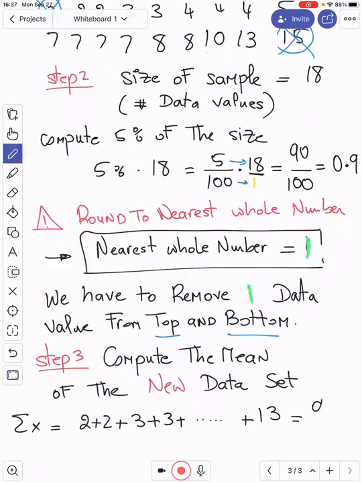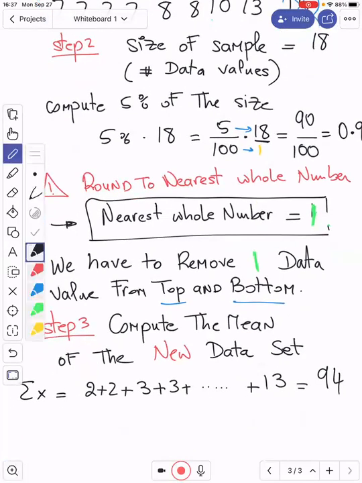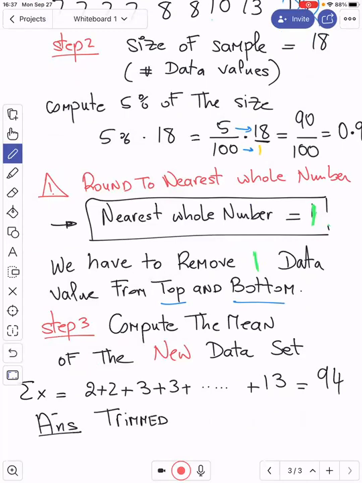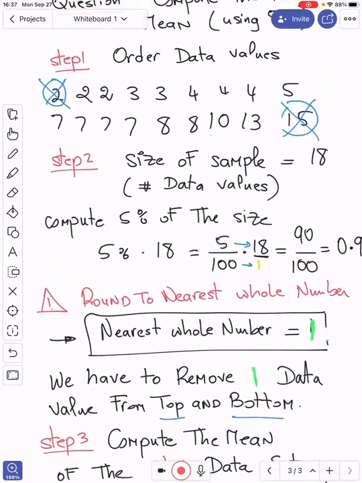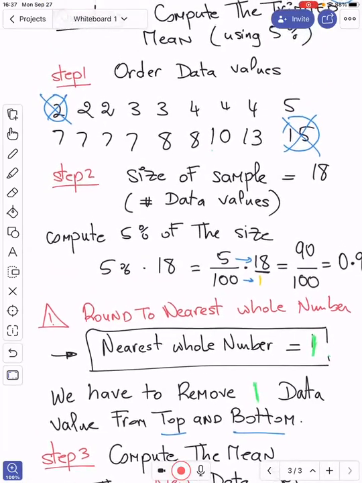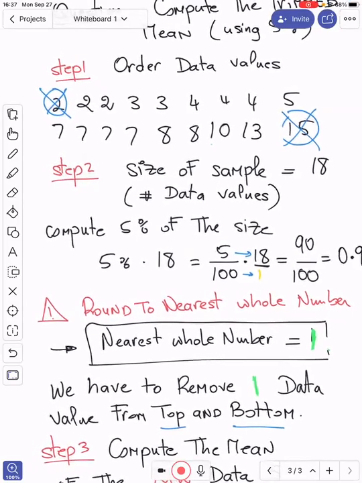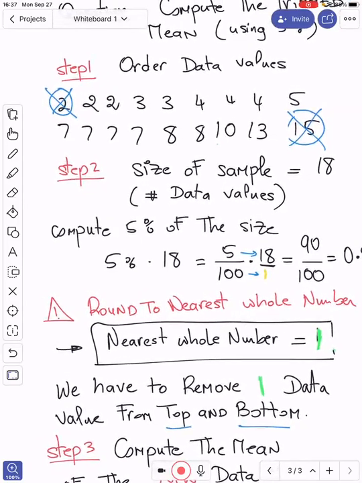So the trimmed mean would be the sum of the data values over the size of the sample, n. That's 94, and now I need to divide by the size of this new sample. The size of the sample was 18. I removed two numbers, so now the size of the new sample is 16.